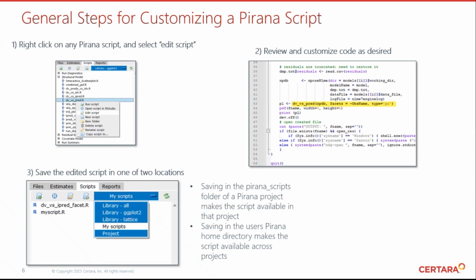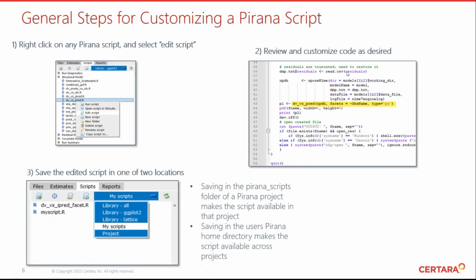The general steps are you basically right-click on any Pirana script, and this little menu pops up. You select Edit Script, and that will open the script within whatever text editor you have set up in your settings in Pirana.